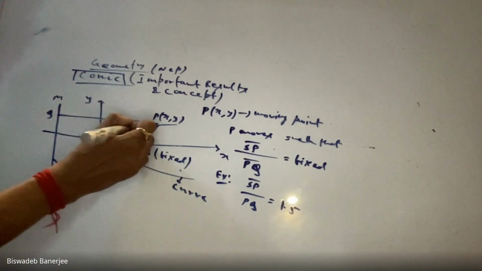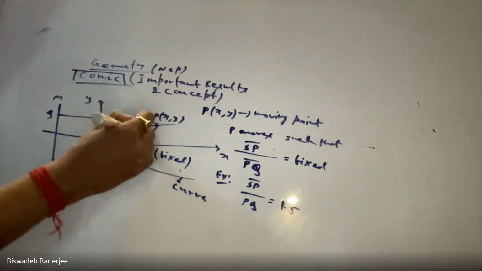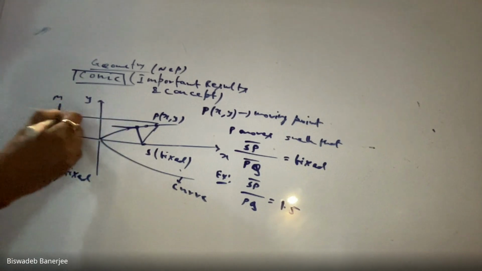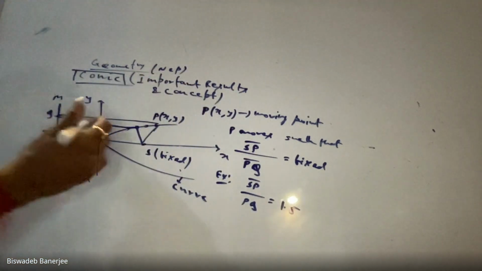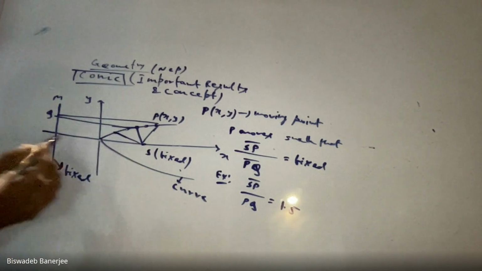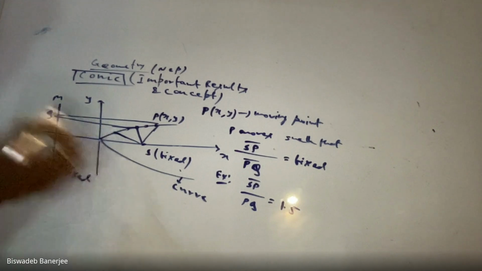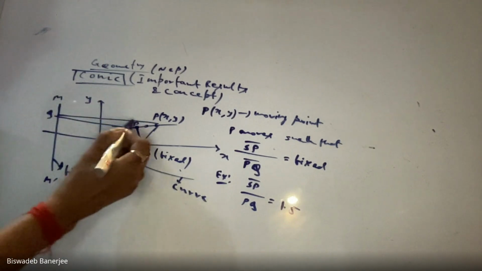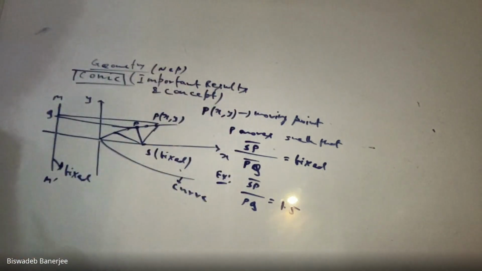If the point P lies here, then the distance between S and P and the distance between P and Q is again 1.5. If the point P lies here, also. Say we are taking P here, because P is a moving point. You can take P according to your convenience.